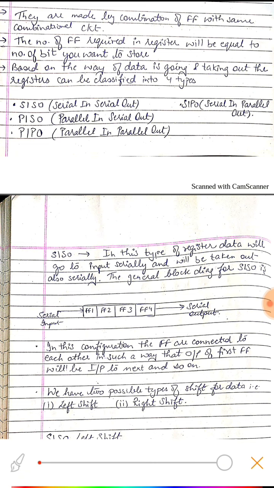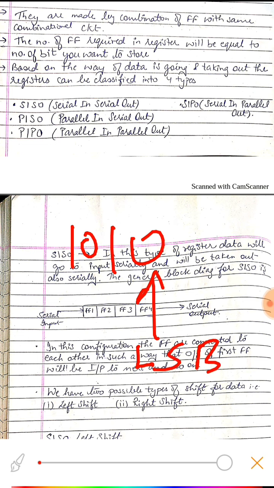Like if we have a stream of data 1 0 1 0, the bit on the right hand side is the least significant bit, and the one on the left hand side is the most significant bit. You all know about that.